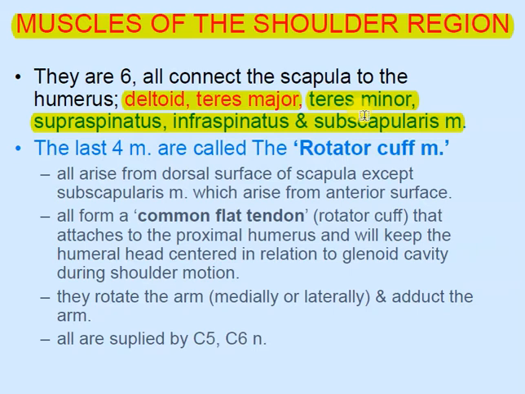These last 4 muscles, all together, are named the rotator cuff muscles. They have this name from their action: they join together in the rotator cuff tendon, and when they join together, they perform a function to stabilize the anatomical position of the shoulder, to avoid dislocation of the shoulder joint.